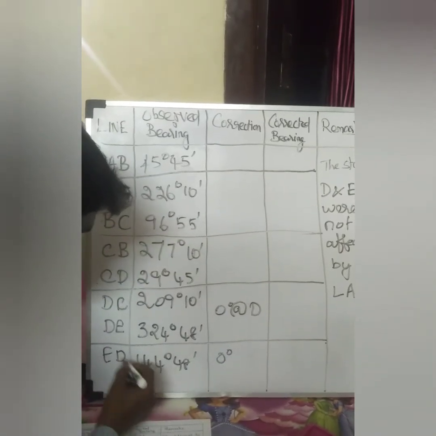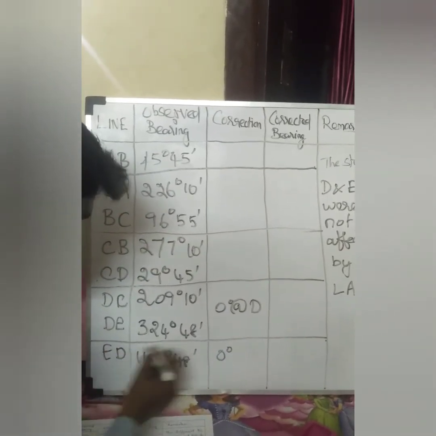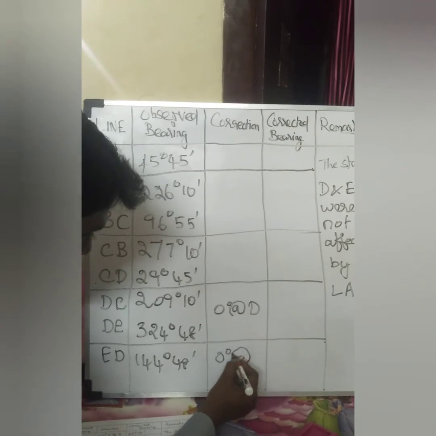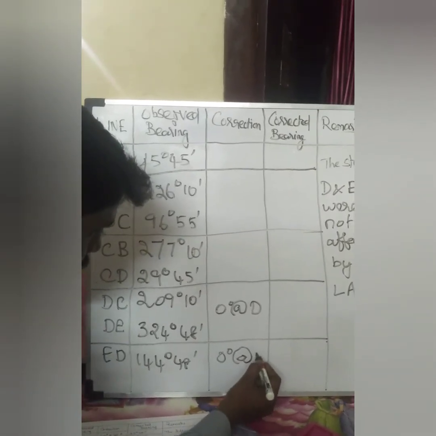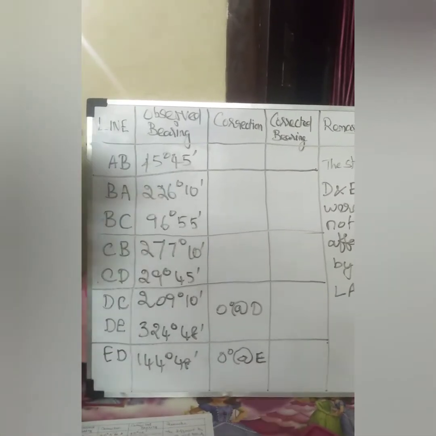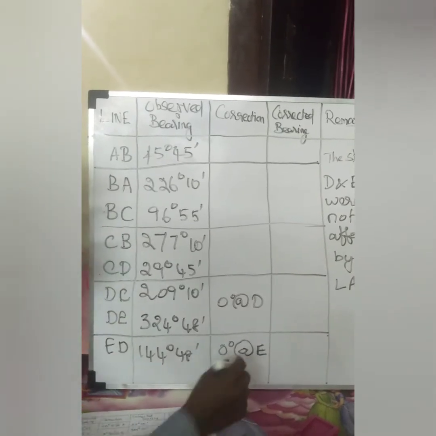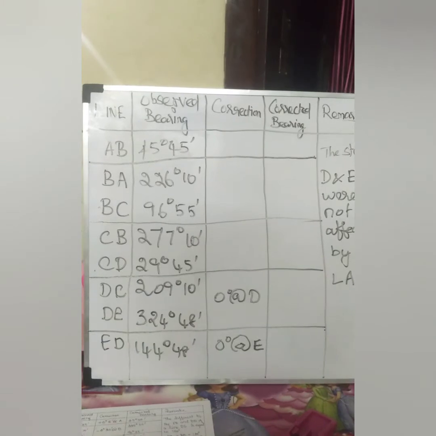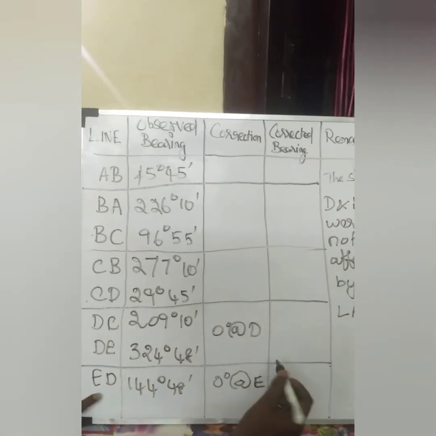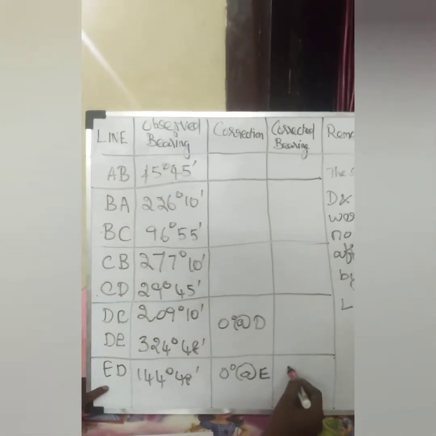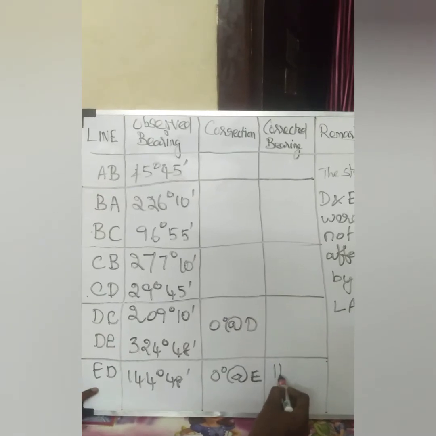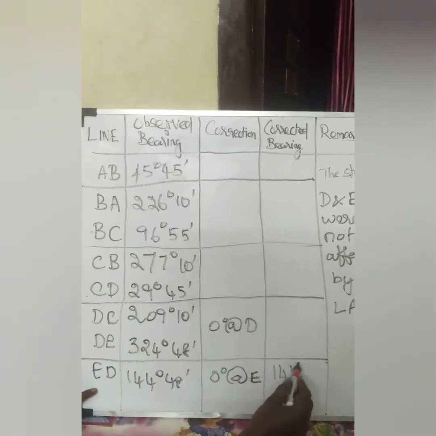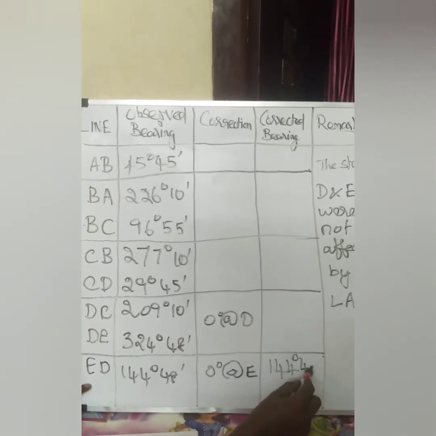So the line DE and ED are not affected, so 0 degree at E also. From the correction we will get the corrected bearing. Here the line ED corrected bearing is the same because there is no error.